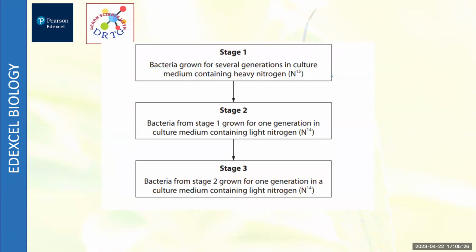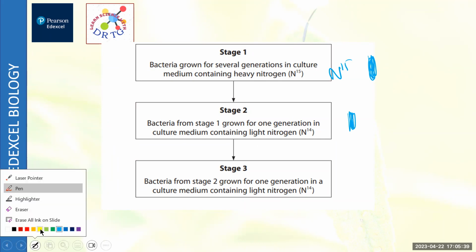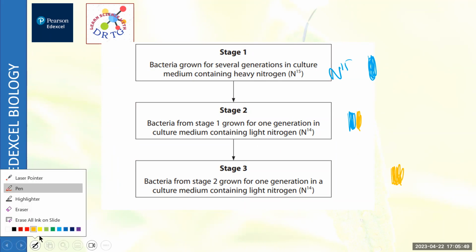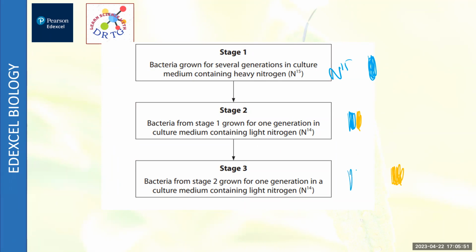First generation, first N15 medium, everything is heavy. Then change to the N14 medium, then it gets a hybrid version, N14 and N15. Then going to the next medium, it gets the light and hybrid version.